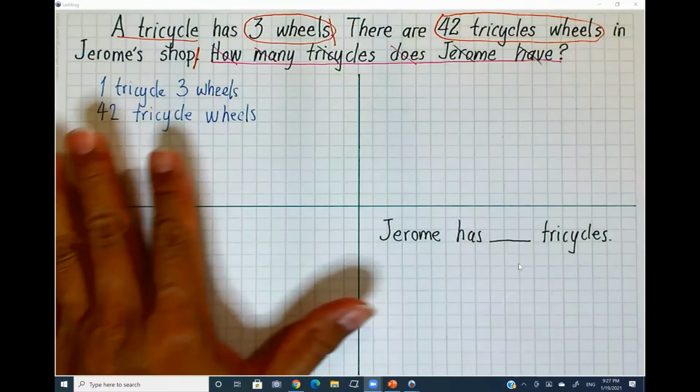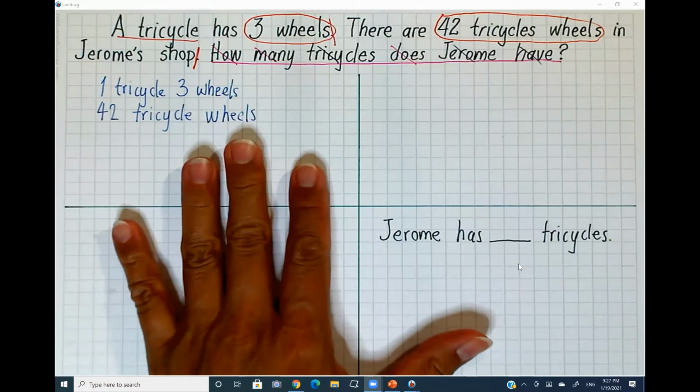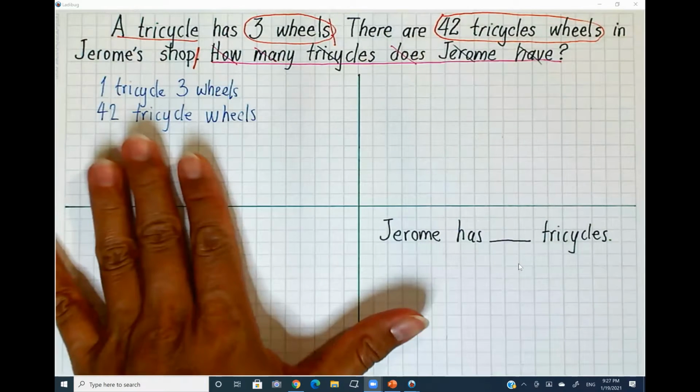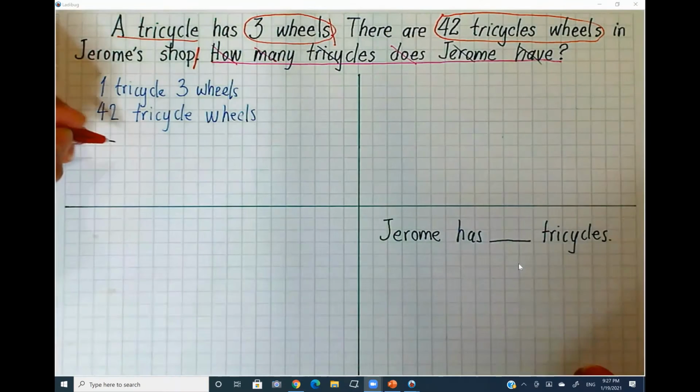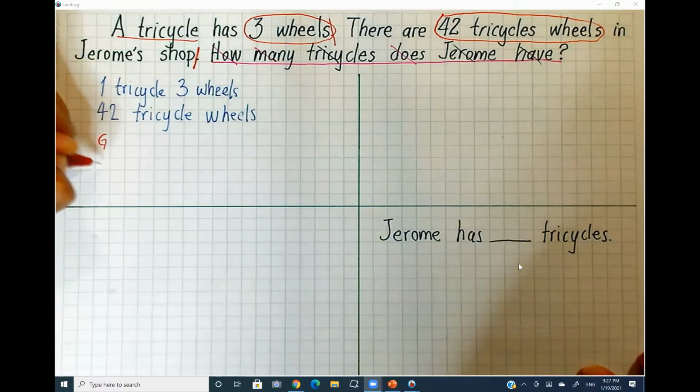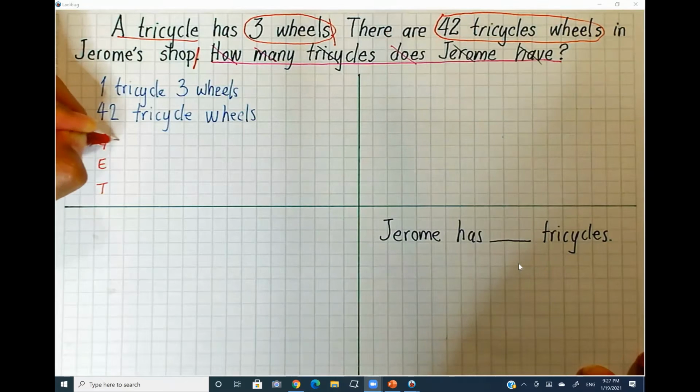Now we have to decide what operation we have to do so we can start representing our problem. So remember, we're going to do GET. G stands for groups, E stands for how many each, and T for total or the whole.